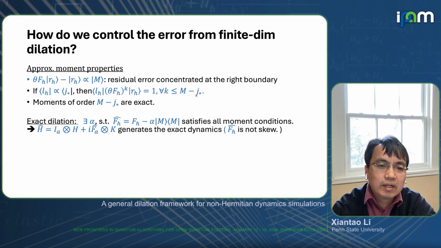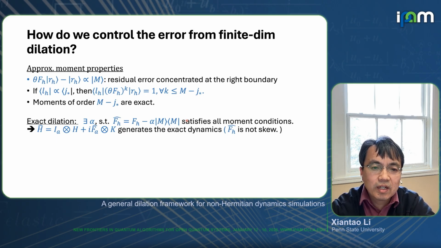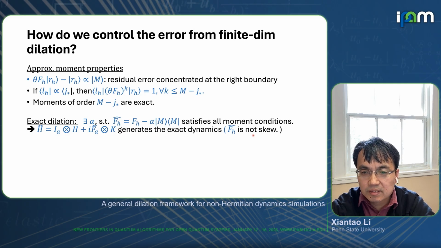Now, another way to think about this is the following. You can take your matrix here and make a rank 1 correction. And if you choose this coefficient just right, then it satisfies all the moment conditions. And because of the theorem that I mentioned before, using this f hat, this new matrix here, you can create a matrix H that generates the exact dynamics.